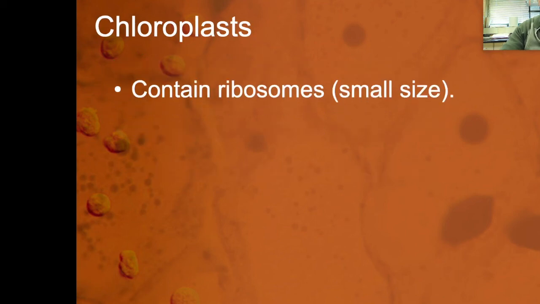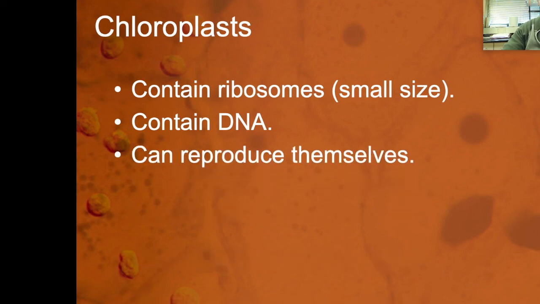So let's talk about chloroplasts. Just like mitochondria, they have their own little ribosomes. Just like mitochondria, they have their own DNA. And just like mitochondria, they can reproduce by themselves. So they're about the same size, they do a lot of the same things, they're both sort of energy-based organelles.